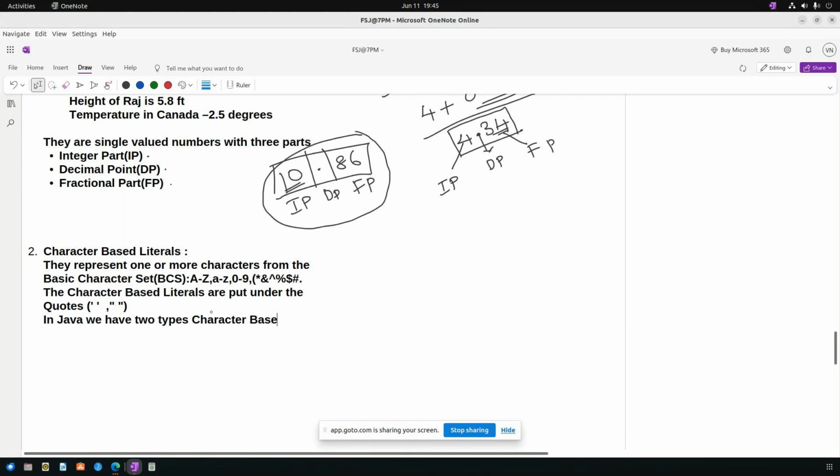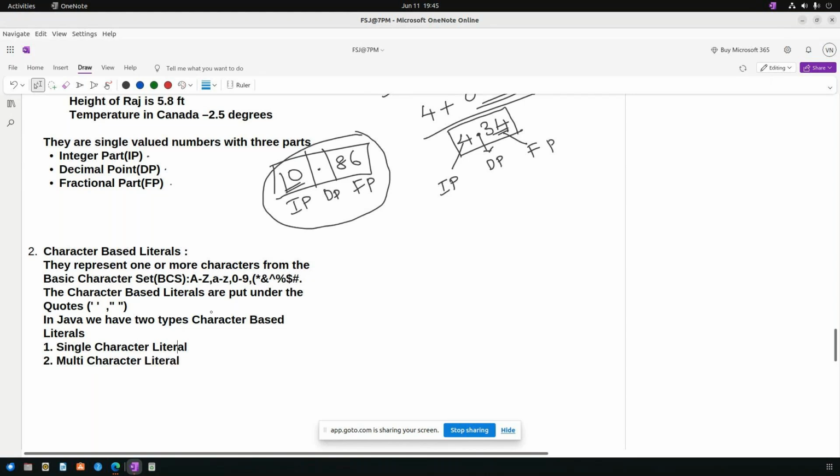First one is the single character literal, and you have the multi-character literal.